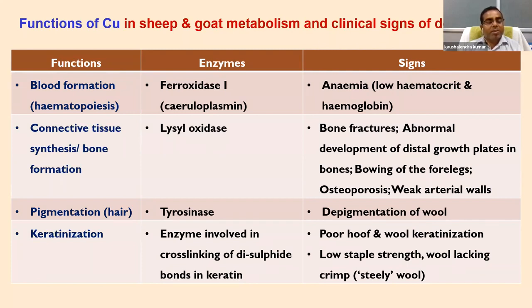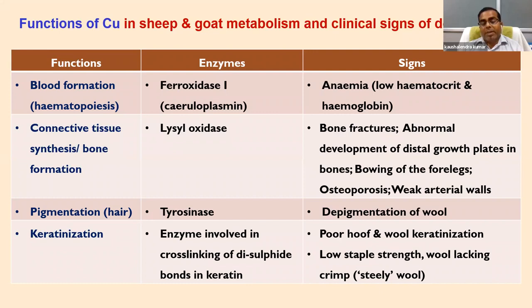Pigmentation of hair is also associated with copper, and the enzyme associated is tyrosinase; depigmentation of wool may develop in sheep. Keratinization is also associated with copper, and the enzyme involved forms the disulfide cross-links in keratin.